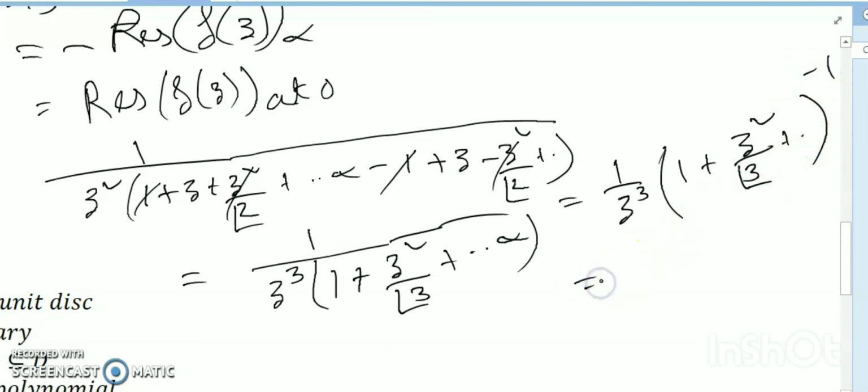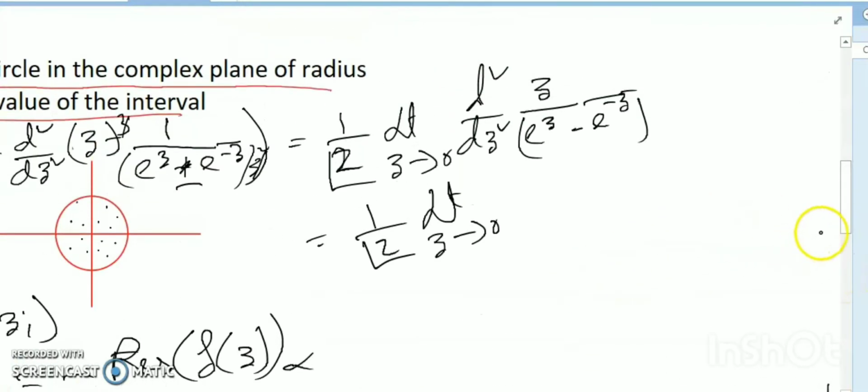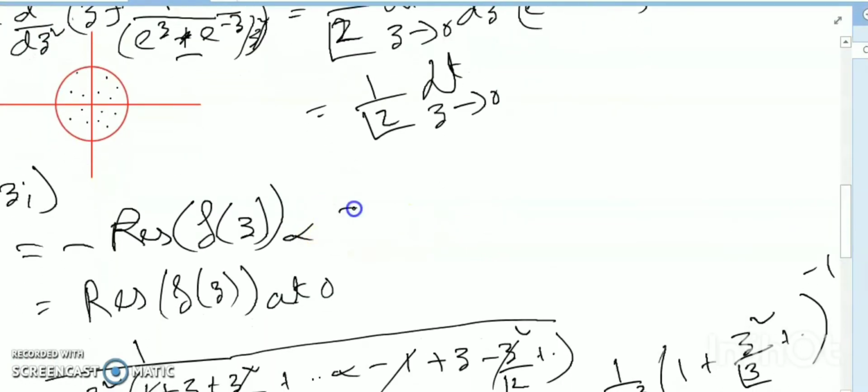So you get the coefficient of 1 by z equal to 1 by 3 factorial. So my complex analysis value is the residue at infinity, minus, so it is minus 1 by 3 factorial.